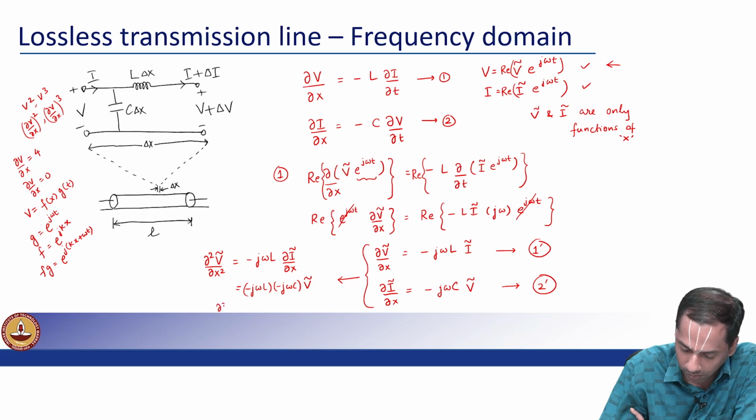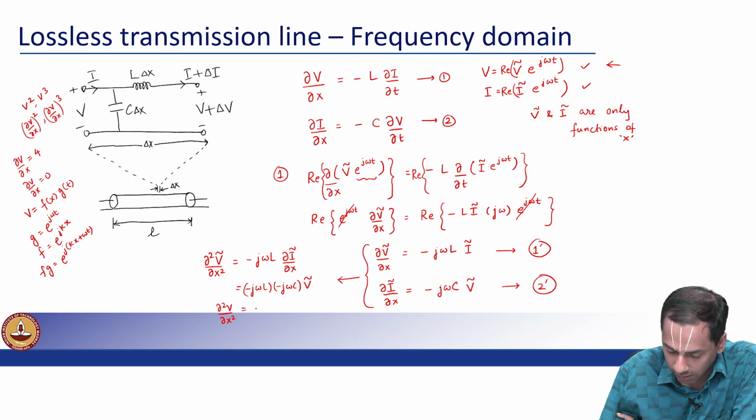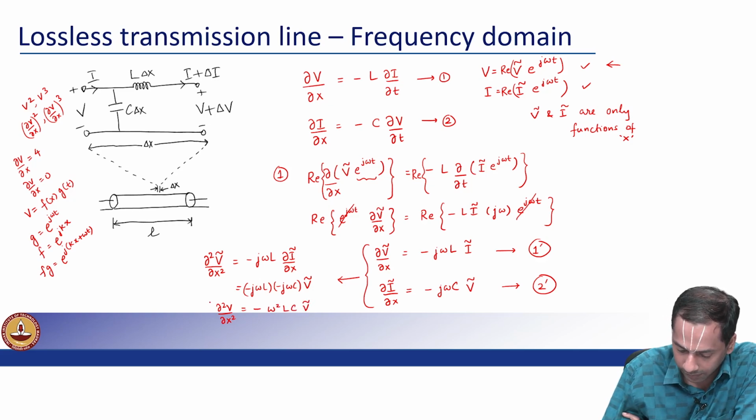Okay, so ∂²V tilde by ∂x² is, so j squared is minus 1, so I get minus omega squared LC V tilde.